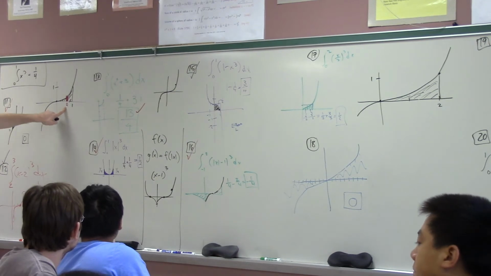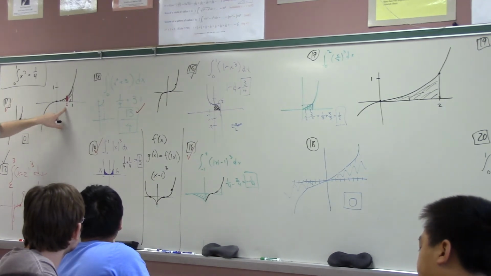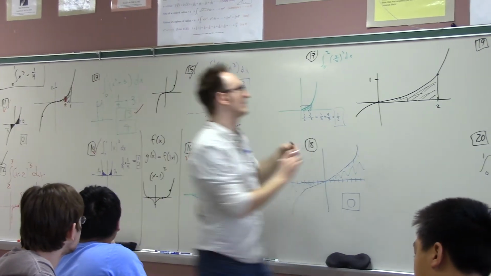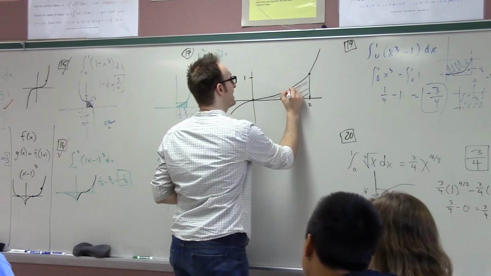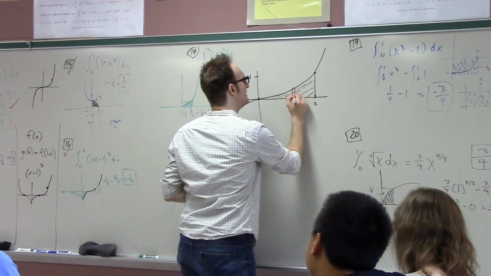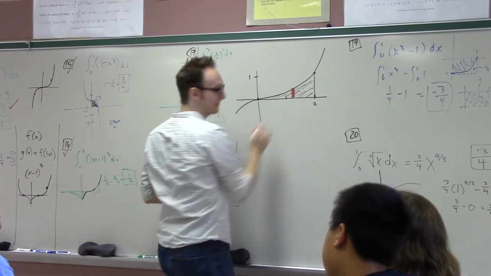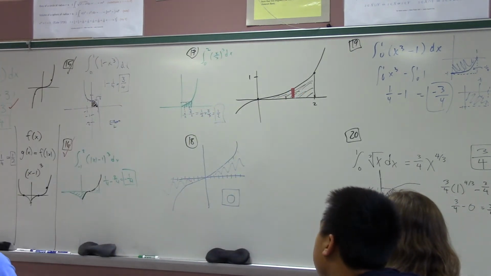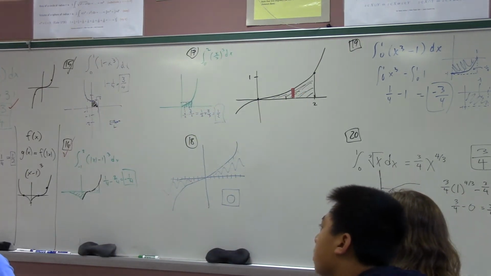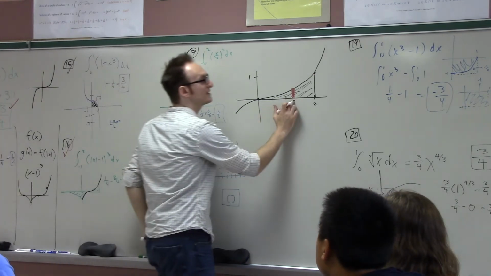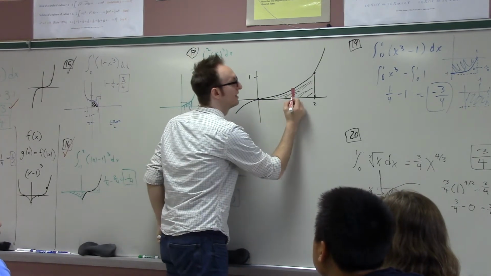Now let's take the same corresponding rectangle. What is the relationship between the heights of those two rectangles? They should be the same. What is the width of this rectangle?